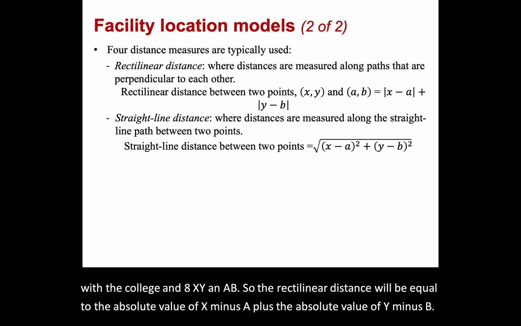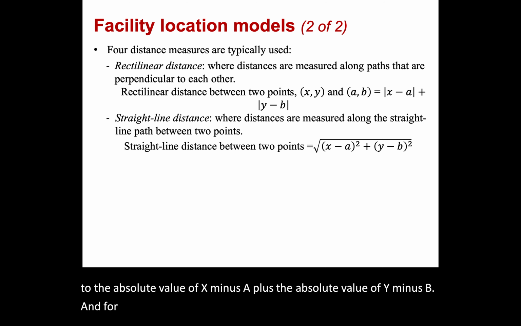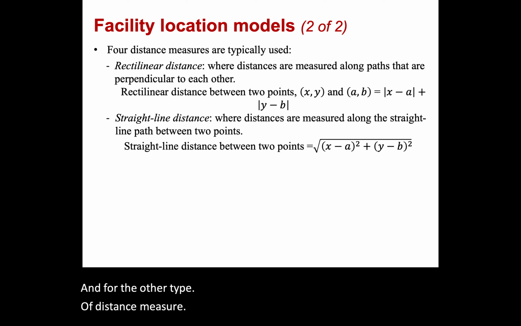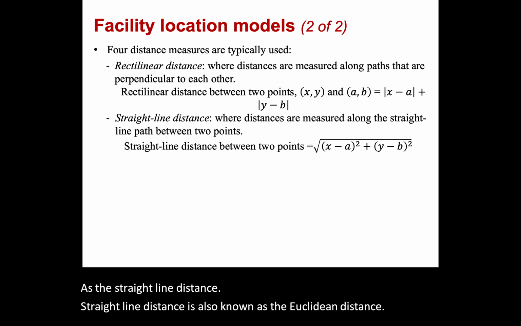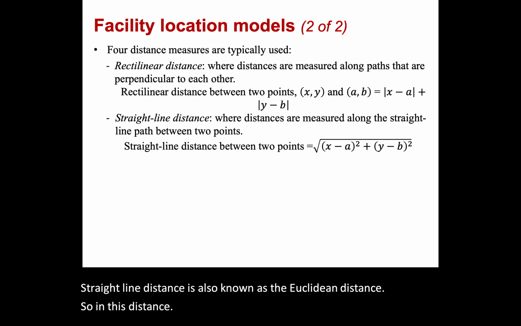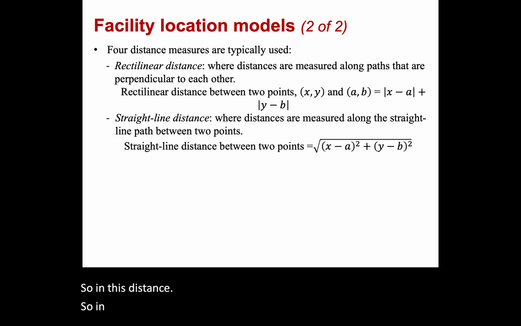The other type of distance measure is the straight line distance, which is also known as the Euclidean distance. In this measure, distance is measured along the straight line path between the 2 points.